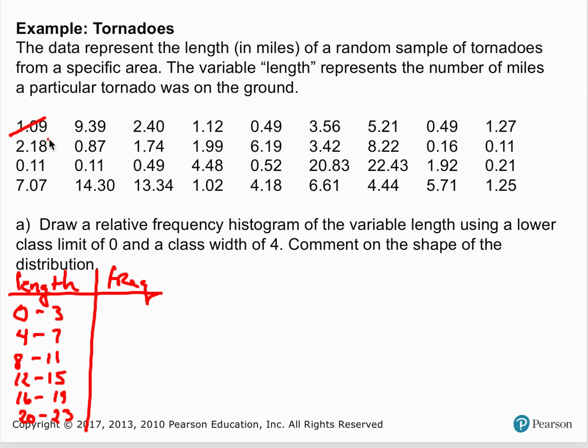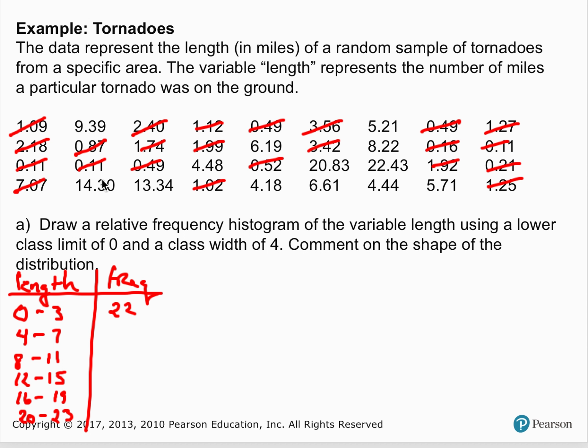All right, so 0 to 3. 1, 2, 3, 4, 5, 6, 7, 8, 9, 10, 11, 12, 13, 14, 15, 16, 17, 18, 19, 20, 21, 22. 4 to 7.